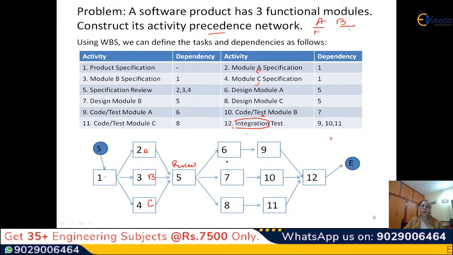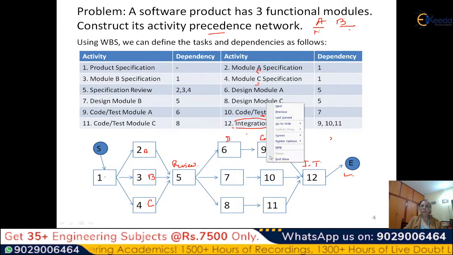Then you can again fork into parallel activities. So this is your design, this is your coding, and you have the integration testing here. After the integration testing, you come to the end of the tasks. So this is how a product, a precedence network or an activity network is constructed.